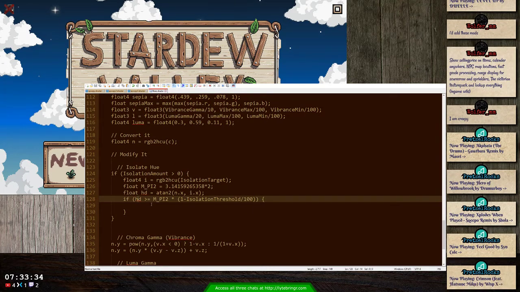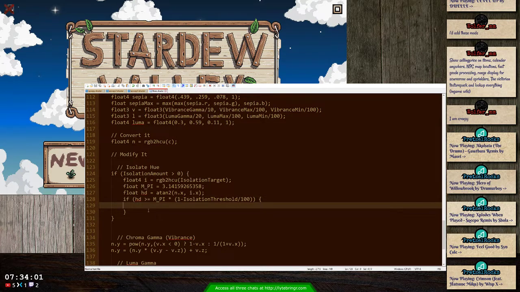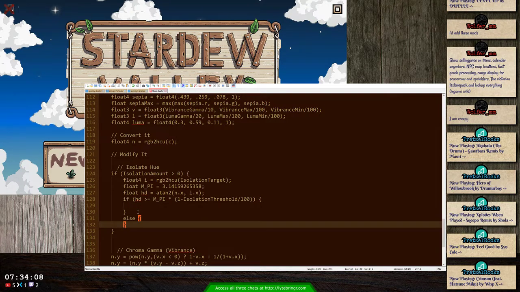So if the distance is farther than this percentage of the circle, again, we don't want it to be quite that far because we want it to be half of the circle. So we just want regular old pi. And so if it's more than a certain distance, else do something else.